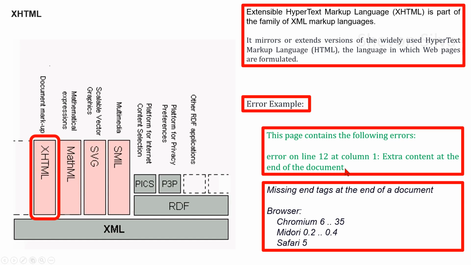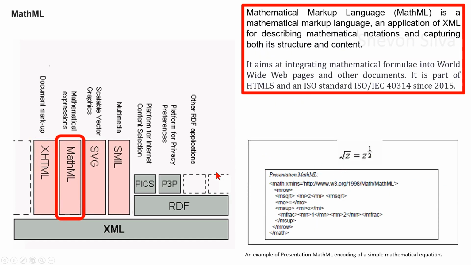Now we are focusing on MathML, Mathematical Markup Language. MathML is a mathematical markup language, an application of XML for describing mathematical notations and capturing both its structure and content. It aims at integrating mathematical formulae into World Wide Web pages and other documents.